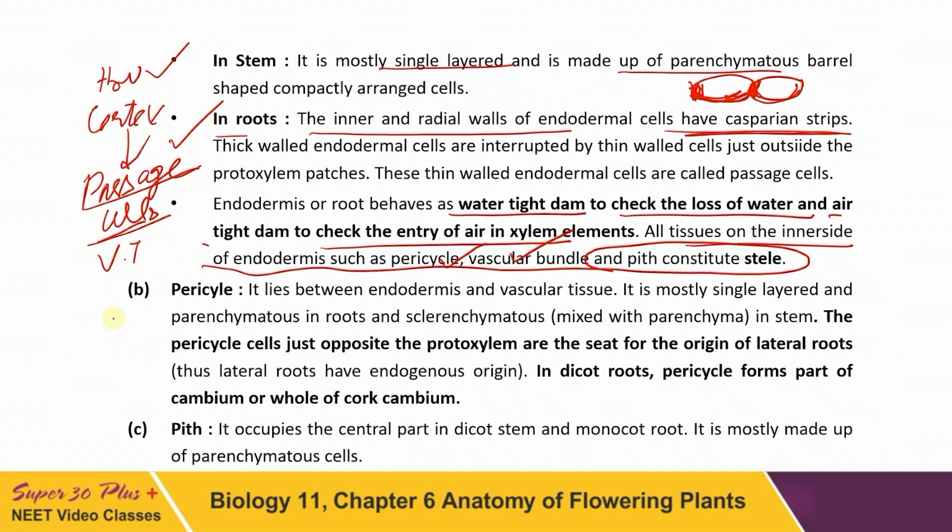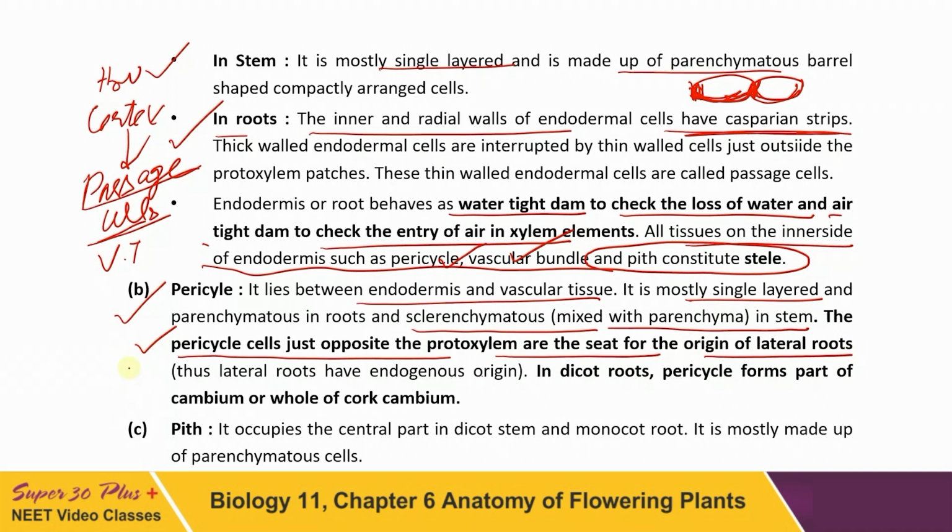Okay. Come to the next now. Pericycle. It lies between the endodermis and the vascular tissue. Usually it is single-layered parenchymatous in root, sclerenchymatous or mixed with parenchyma in stem. Important point: the pericycle just opposite the protoxylem is the seat of origin of lateral roots.